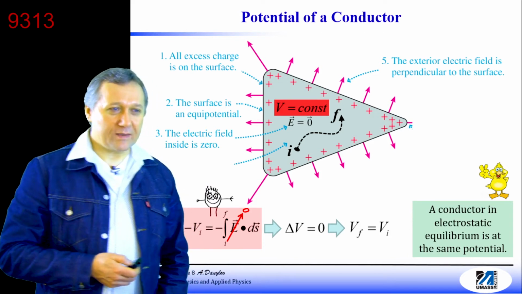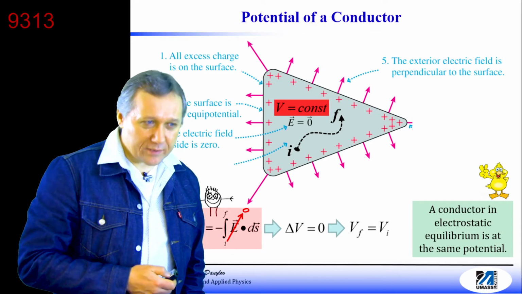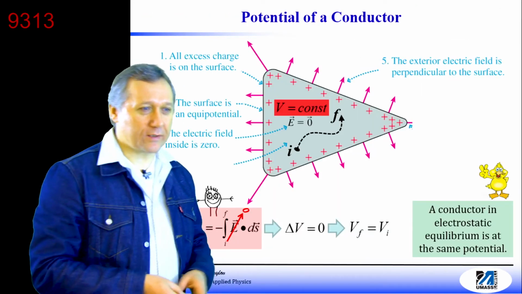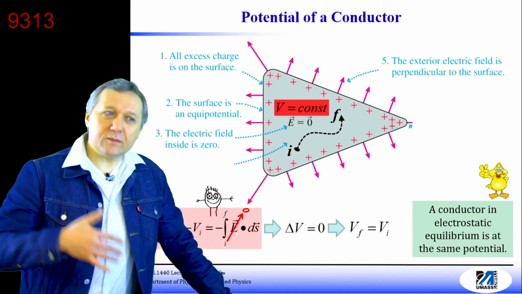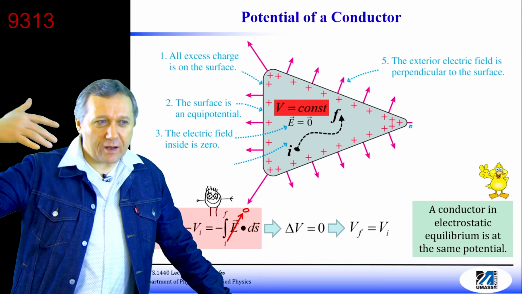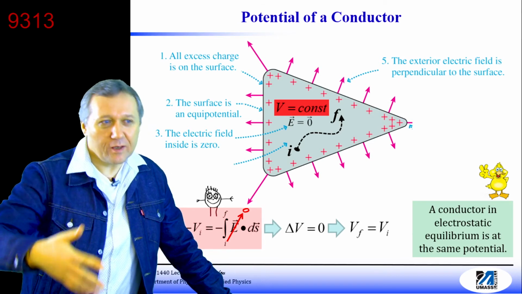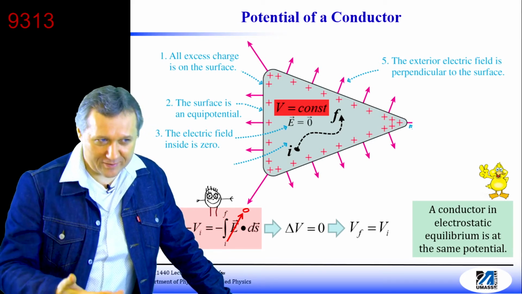And now, at this point, we can say goodbye to electrostatics, basically. Goodbye to the electrostatics. From this point, we'll start moving slowly to some kind of dynamics where we have electrons drifting, giving us current. So we'll start slowly moving towards simple circuits.